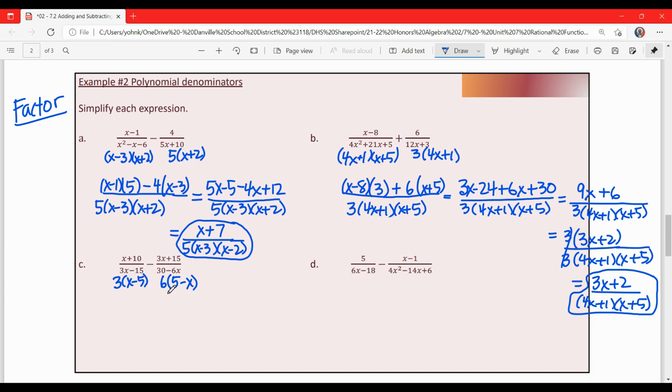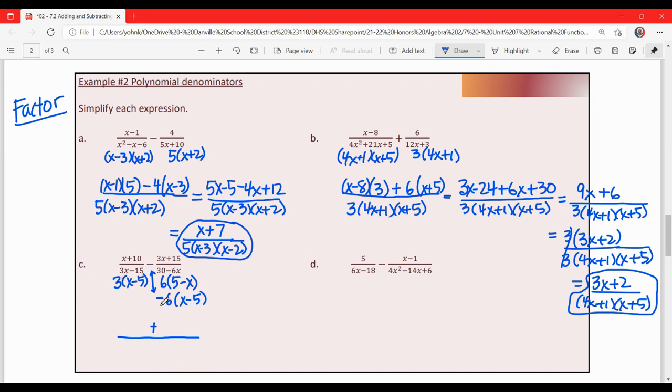Well, I can change those up and put a negative in front of the 6 and make it be x minus 5. Now I can find my common denominator. One thing you can do with this negative and this subtraction is those together can become a plus sign. So there's going to be a plus in the top in between the two expressions.